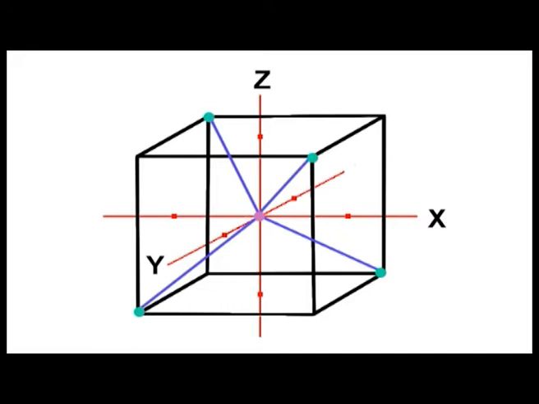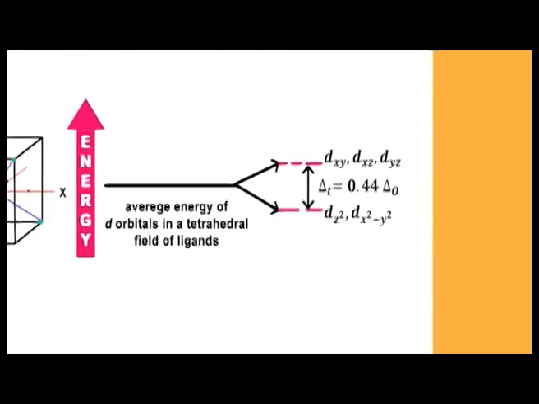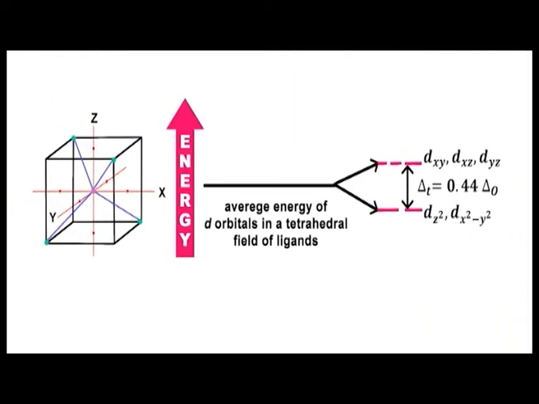Let us suppose the 4 ligands lying in between the axes x, y, z are approaching the metal cation to form the complex. Since the lobes of T2 orbitals lie between the axes, that is, near the path of the ligands, these orbitals experience greater force of repulsion from the ligands than those orbitals whose lobes lie along the axes, that is, the e orbitals.